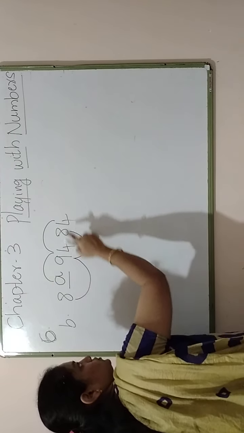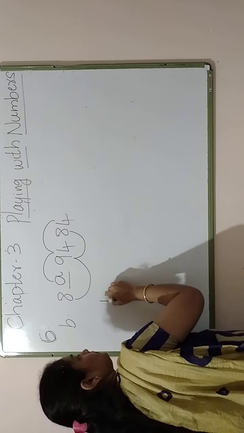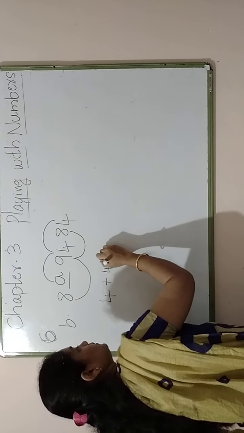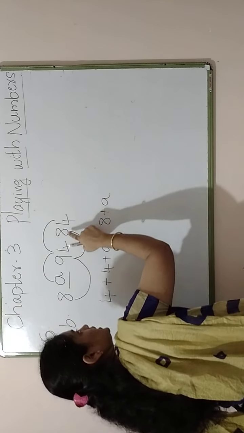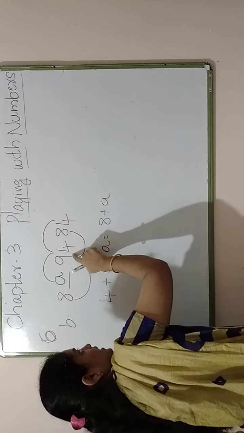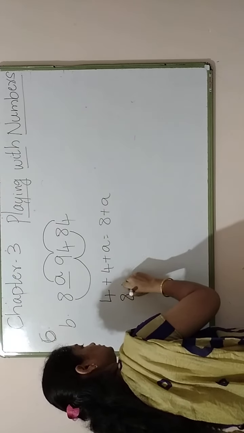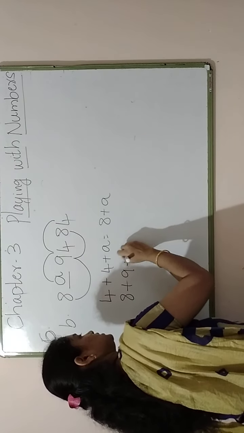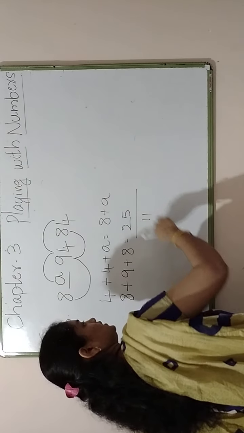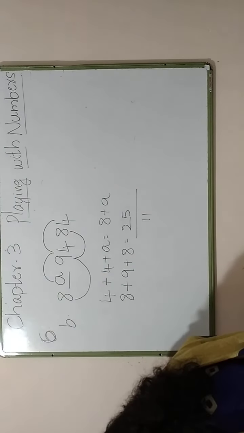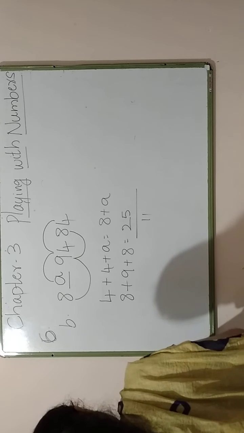So first, 8 plus 8. Next one, 8 plus 9 plus 8, that is 25. So the difference should be 11, right?